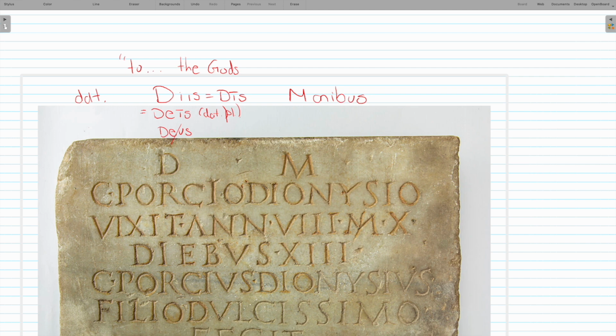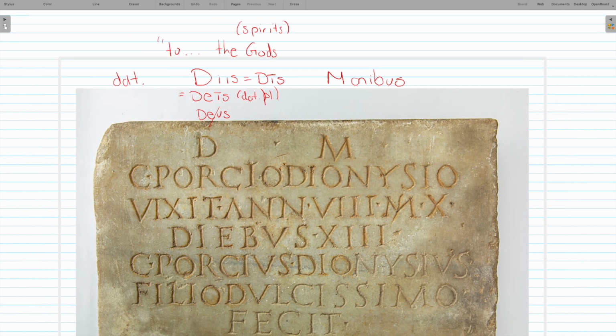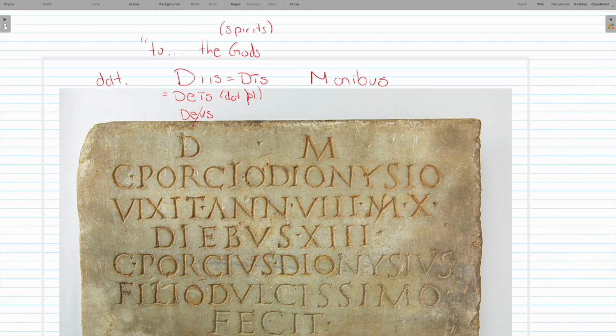which you could also translate as spirits, just as the website did, and you will see why. And this manibus is also a dative. It's the dative plural of the word manes. Now this manes is precisely the ancient domestic spirit of the dead in ancient Roman tradition.